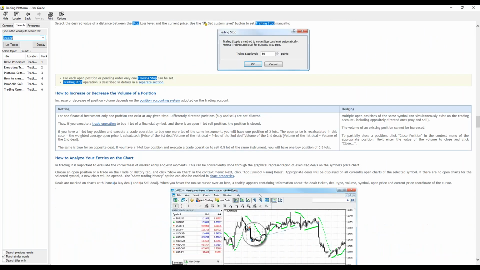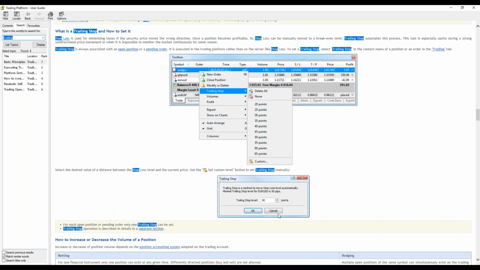Now, in MT5, if I'm not mistaken, there is also the option to have a trailing stop not per pip, but per dollars, per amount. For those that are using trailing stops, you have this option.